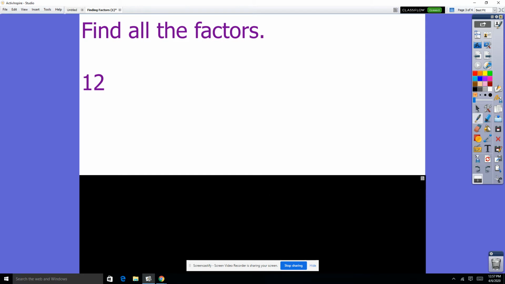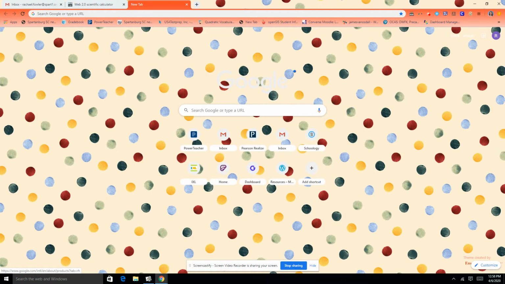So the first number we're going to start with is 12. So with 12, we're going to find all the factors of 12. So the one factor you always start with is 1. 1 times 12 gives me 12. Then after I check 1, the next number I'm going to check to see if it's a factor of 12 is 2. So I'm going to pull up my calculator that I've posted on Google Classroom, which is that Web 2.0 calculator.